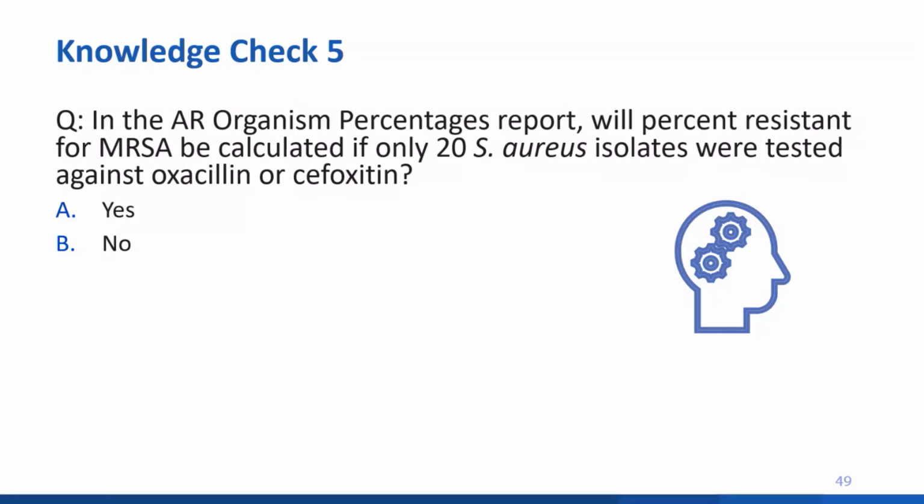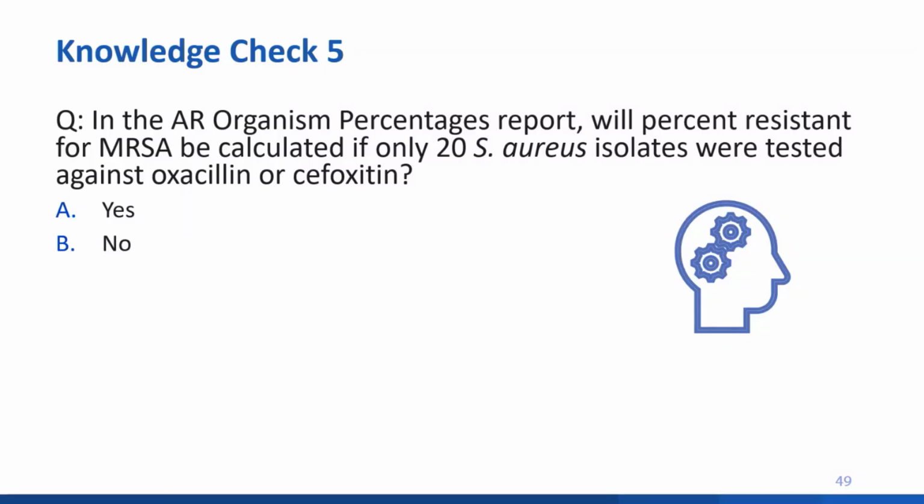Okay, on to knowledge check number 5. The question is, in the AR organism percentages report, will percent resistant for MRSA be calculated if only 20 Staph aureus isolates were tested against oxacillin or cefoxitin?